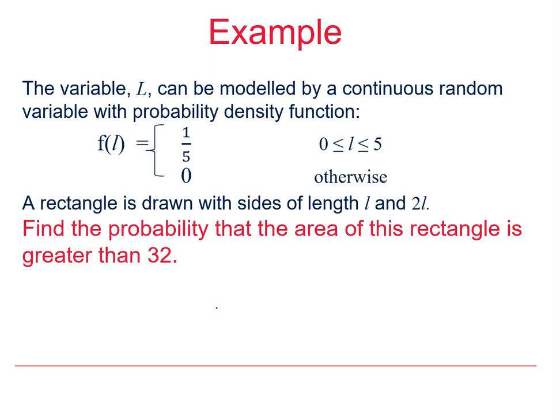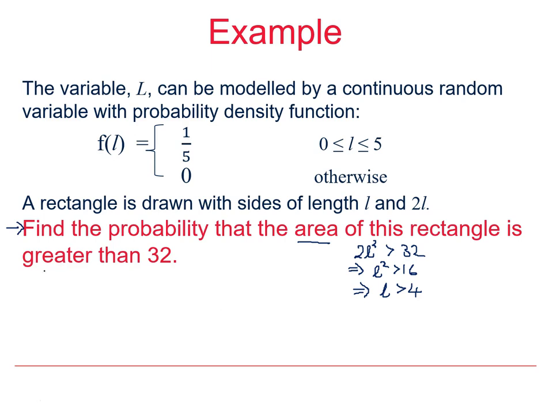Again, you might like to pause and just think yourself how you might find this probability. So we are asked to find the probability that the area, which is 2L squared, is greater than 32, and that implies that L squared must be greater than 16, and that in turn means that L must be greater than 4, because we can't involve negative values because L's a length, so must be greater than 0.